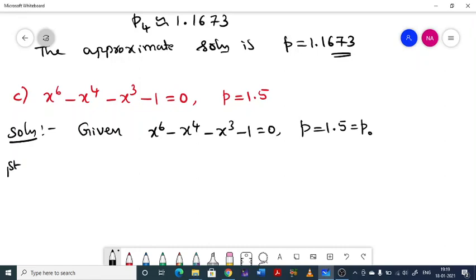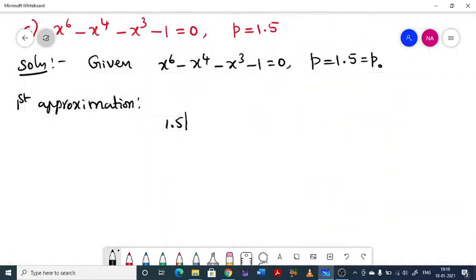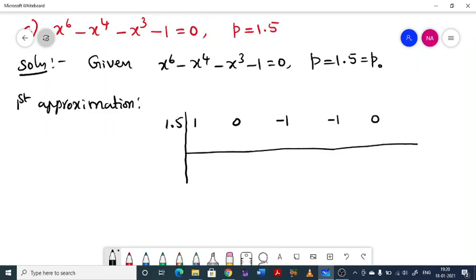So first approximation, 1.5. Here, coefficient of x power 6 is 1, coefficient of x power 5 is 0, x power 4 is minus 1, x power 3 is minus 1, x power 2 is 0, x power 1 is 0, constant term minus 1.